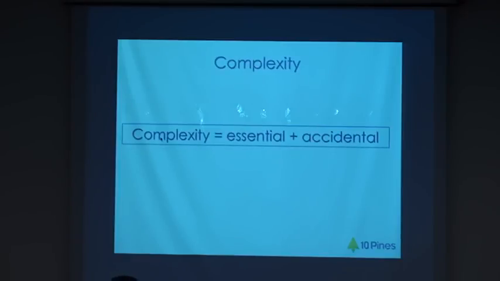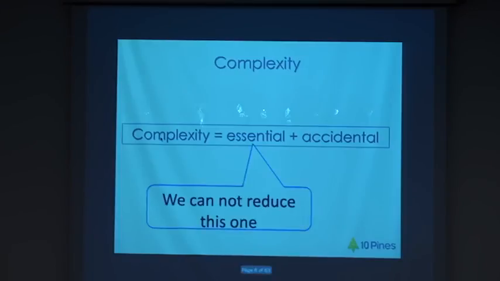Okay, complexity. We all know that the complexity we have when we create a system is the sum of the essential complexity and the accidental complexity. The essential complexity is the complexity of the model, of the domain that we're trying to model. And that's very difficult to reduce, because if we want to reduce complexity, we have to reduce both of them, but we cannot reduce essential complexity.